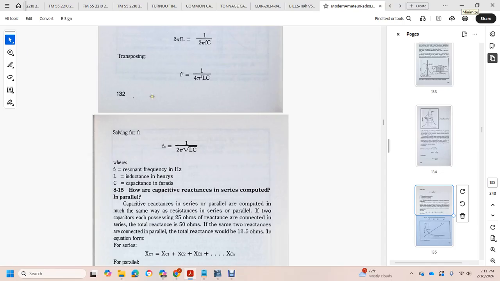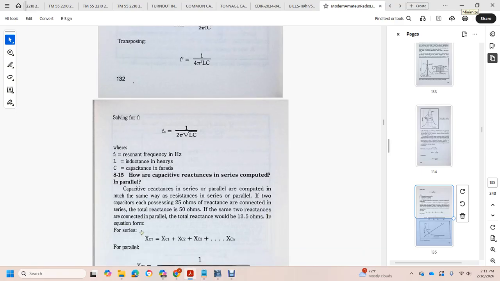Capacitive reactance in series is computed much the same as resistance in parallel. For example, a capacitor possessing 25 ohms reactance connected in series with another of 50 ohms. With the same two reactances connected in parallel, the total reactance would be 12.5 ohms.